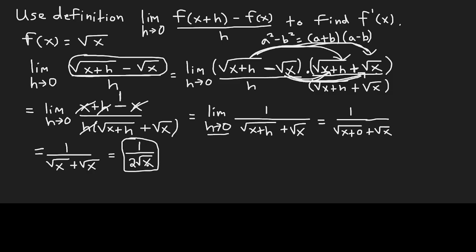If we want to express this in terms of exponents, we know that the square root of x is x to the 1/2. So we could rewrite this as 1 over 2 x to the 1/2 power.